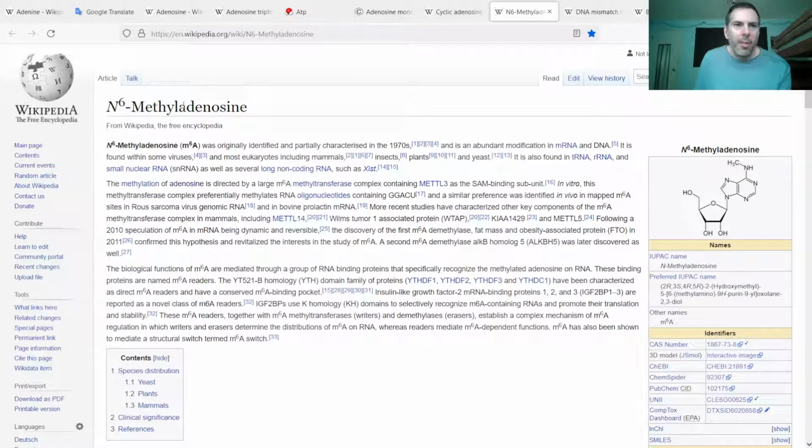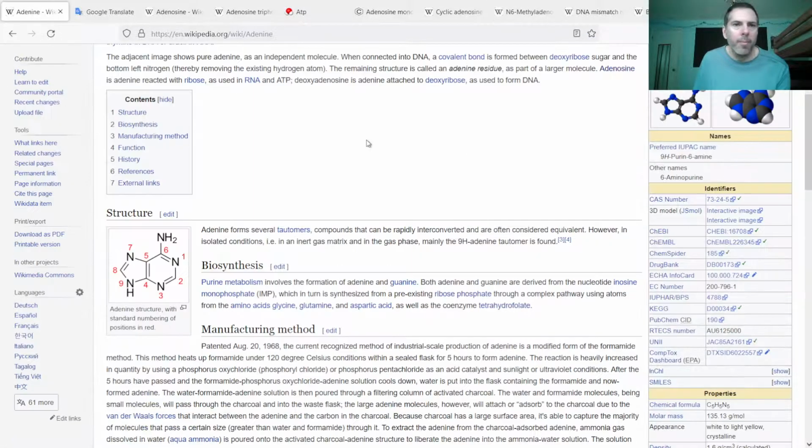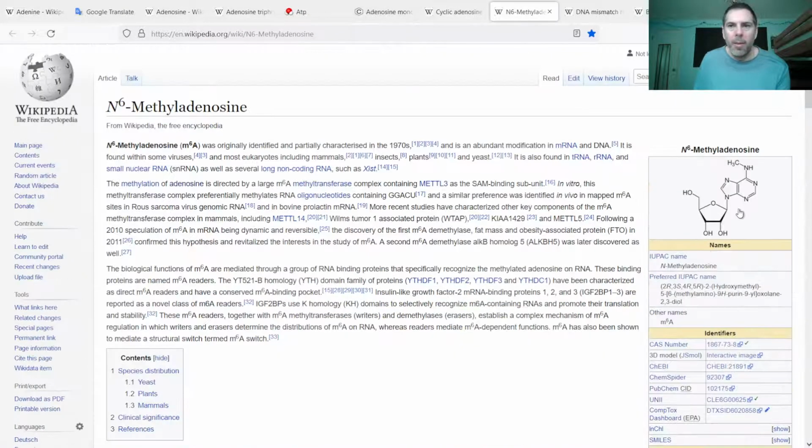Adenosine can also be methylated. So here's N6-methyl adenosine. You can see the methyl group is added to that nitrogen. This is the 6th node here. Sixth node nitrogen. So 6N is where this N6 comes from, and that's where the methyl is added.